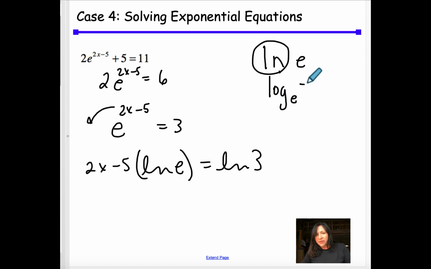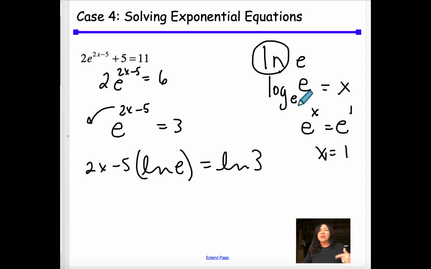And then you've got this e here. And then log base e of e is 1, because let's just say you forgot that and you set this equal to x. You would go e to the x power equals e to the 1 power, and you know x equals 1. So log base e of e is the same thing as saying ln of e, and that's 1. So this value right here is 1.